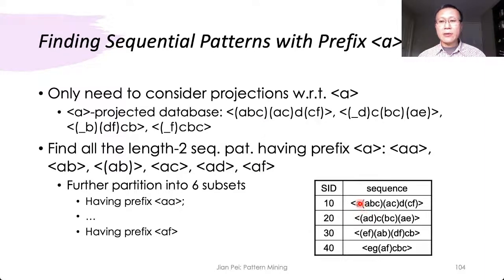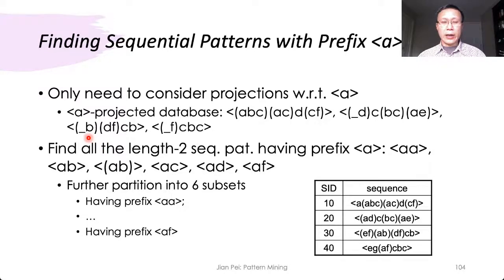And then we look at the suffix of this position. So we have (abc)(ac)d(cf) for the first sequence. And then for the second sequence, we find a here. This is the leftmost a. And then we get the placeholder, d, c, (bc), (ae), the sequence here.